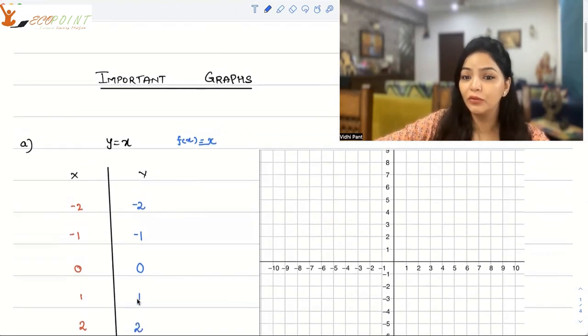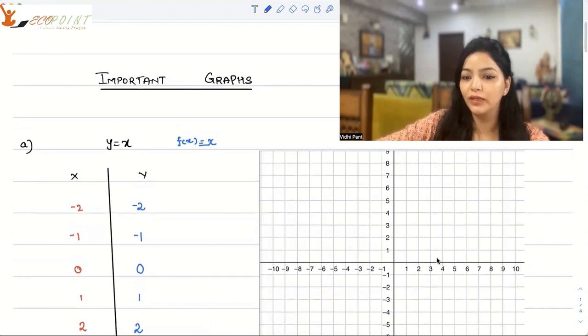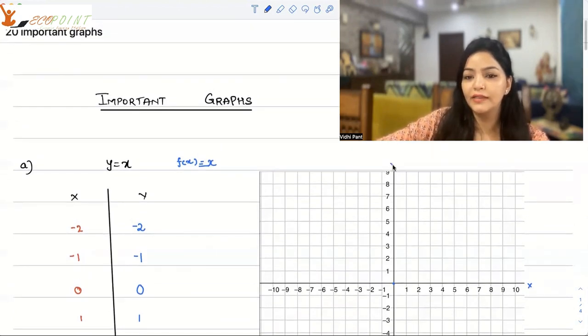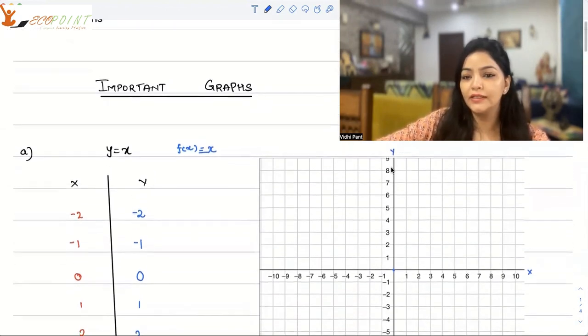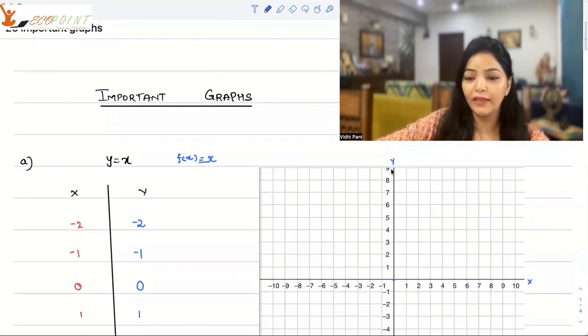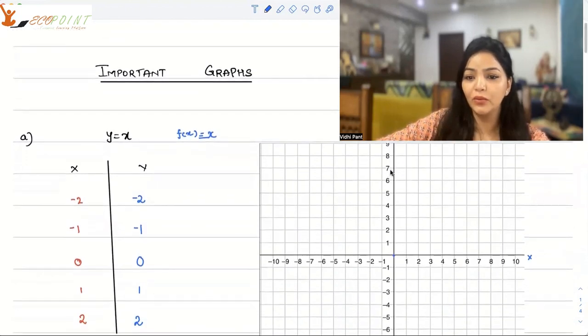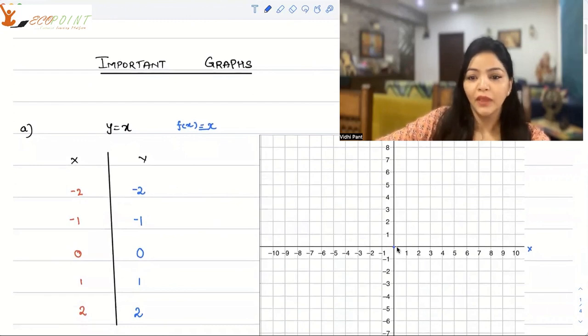Now, graphically, if you try to plot it, what will it look like? So, this is your x-axis and this is your y-axis. The vertical line is giving you the values for y and the horizontal line is giving you the values for x. This point is 0, where x and y both are 0.